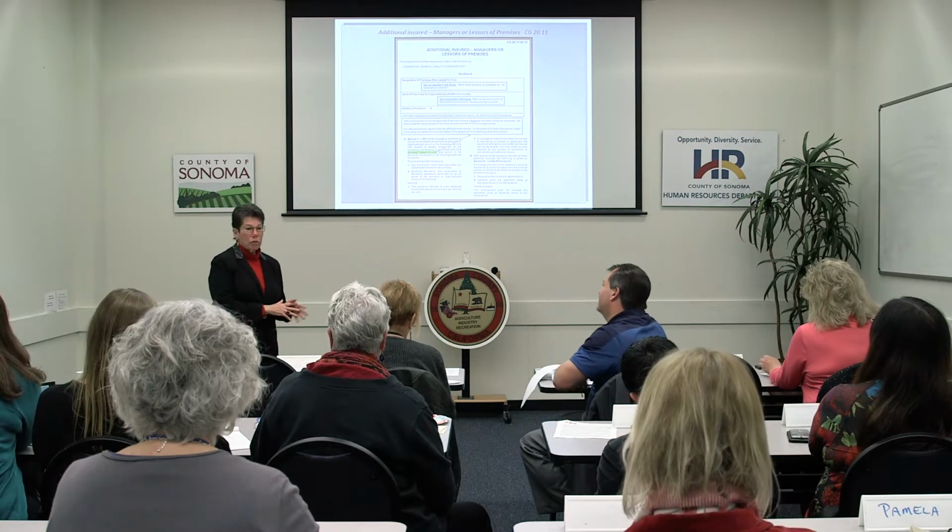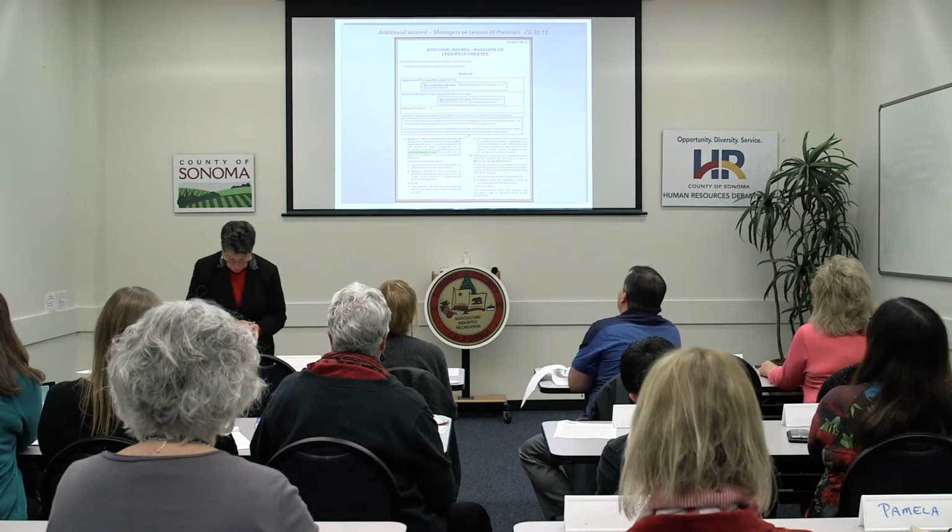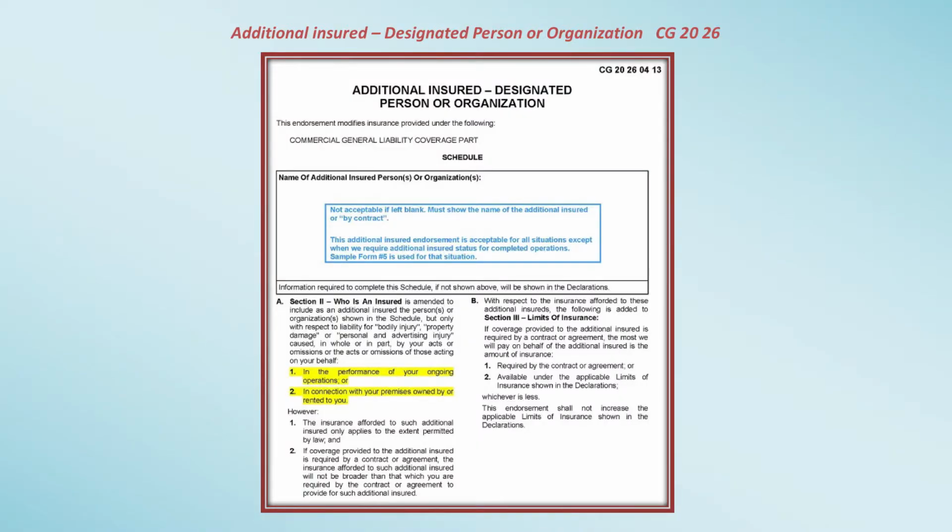Okay, I love this endorsement, the CG 2026. It's called Additional Insured Designated Person or Organization. This is the catch-all additional insured endorsement. It works for almost everything except completed operations or products.